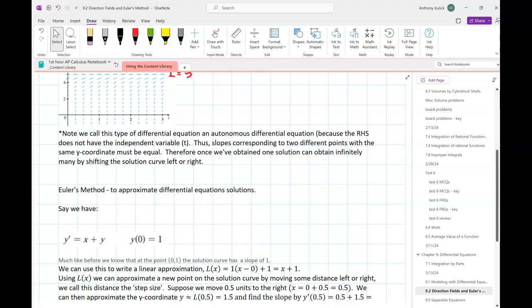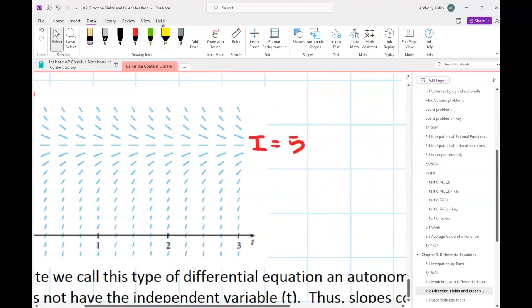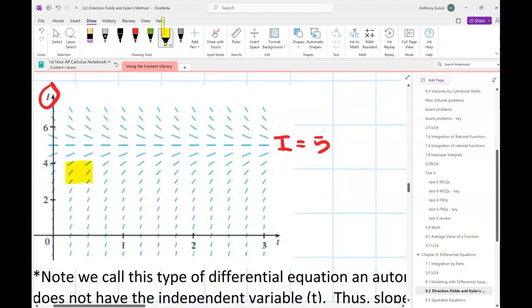So any slopes corresponding to two different points with the same y-coordinate have to have the same slope, right? If you look as we move across, all of those points have different x's but the same y, and they all have the same slopes because the slope doesn't depend on x at all. It just depends on y, right?